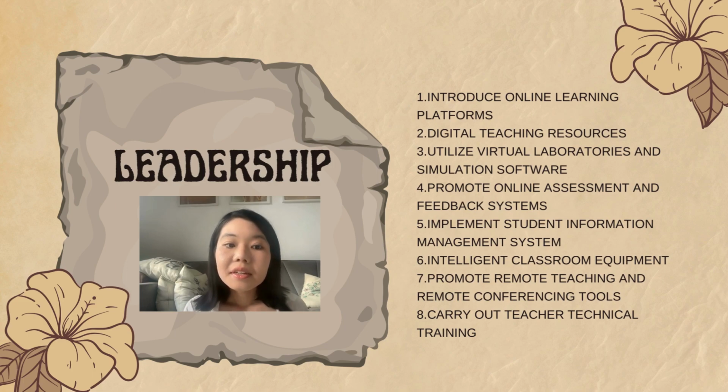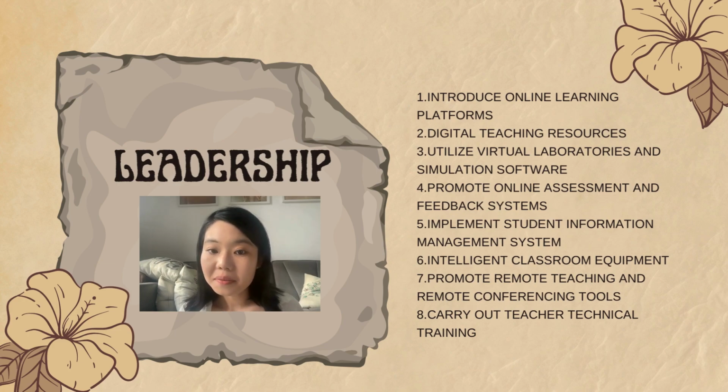Secondly, digital teaching resources. Digitize teaching materials, courseware, videos, and others, so that students can access them at any time and anywhere. This can improve students' learning flexibility and autonomy.